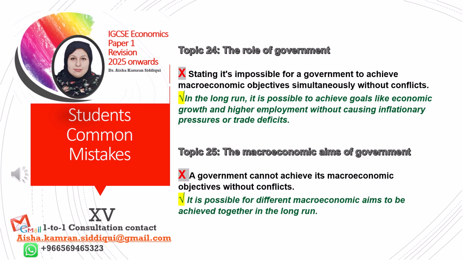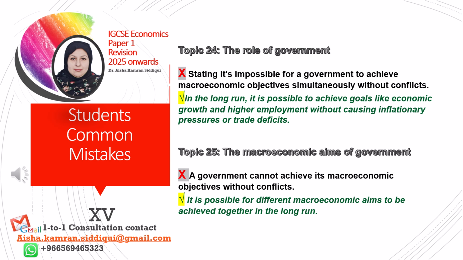Topic number 24, the role of the government. Stating it's impossible for government to achieve macroeconomic objectives simultaneously without conflicts is incorrect. Students must note that in the long run it is impossible to achieve goals like economic growth and higher employment without causing inflationary pressures or trade deficits.